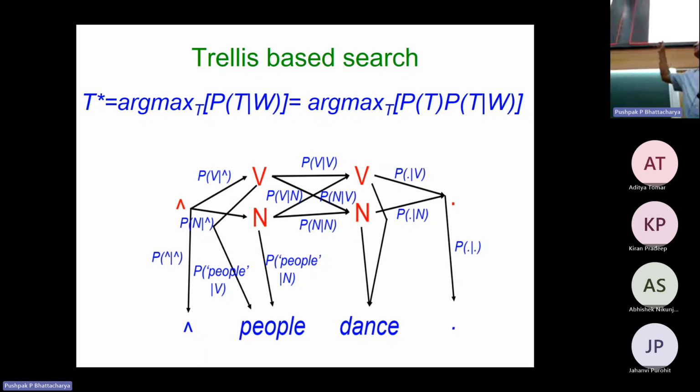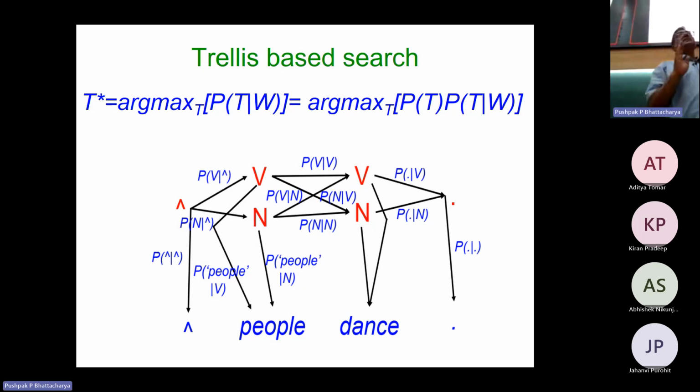The final path must have the highest probability. That highest probability is the product of a pair of probabilities, the lexical probability and the transition probability. Every such arc will be considered and the total path probability is computed. So this idea of searching for the best possible path based on the probability values is the basic idea.